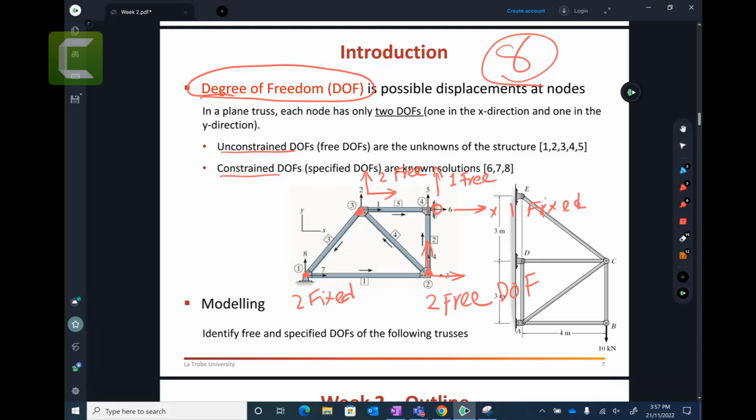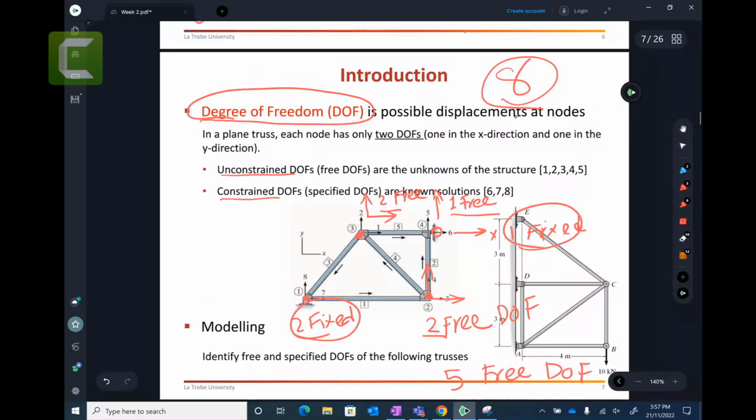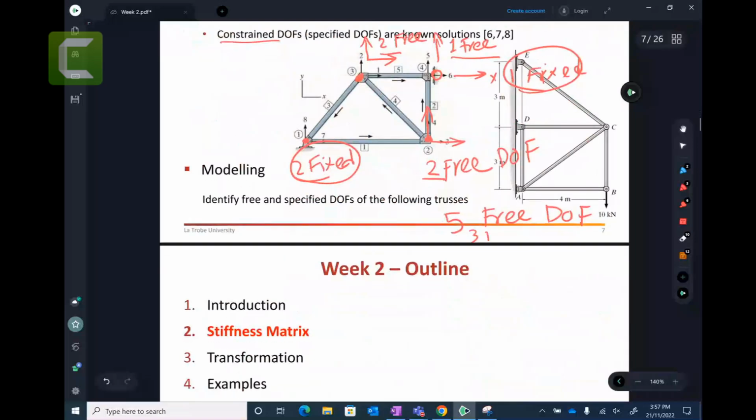So how many free degrees of freedom? 2, 4, 5. Total 5 free degrees of freedom. And 2 and 1, total 3 fixed degrees of freedom.